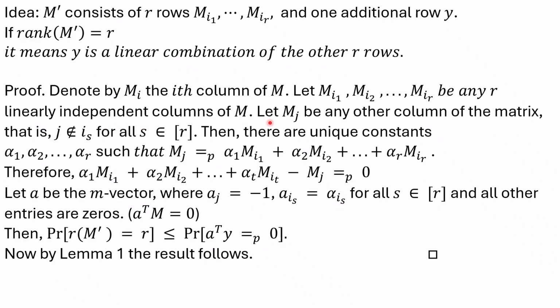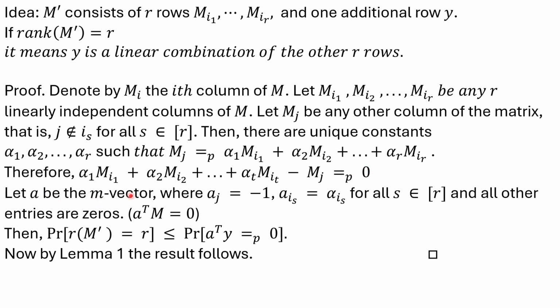There are unique constants a1 to ar such that Mj is equal to this right here, because it's definitely a linear combination of them. Else the rank of M wouldn't be R, it would be more than R, at least R plus 1. Therefore, we have this sum minus Mj is equal to 0.